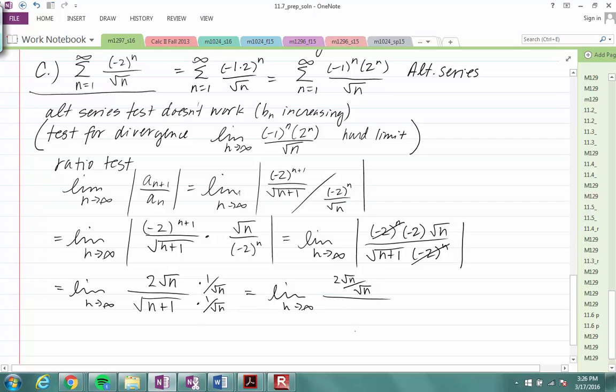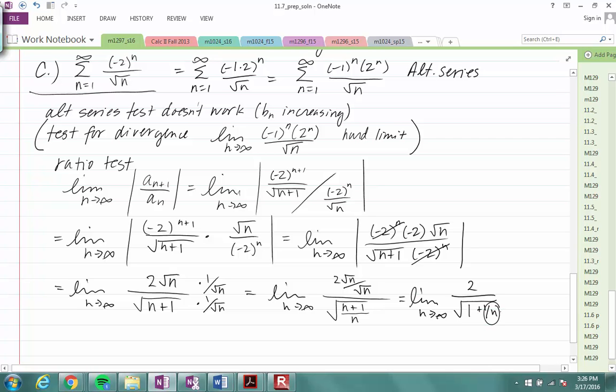And so the square root, I'll show an extra step here compared to what I normally do. The square root over square root, I can bring in the n under that root now. So now what I have is 2 over, distributing that division by n, 1 plus 1 over n.